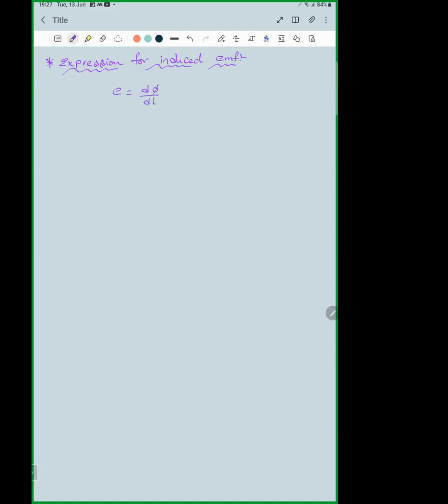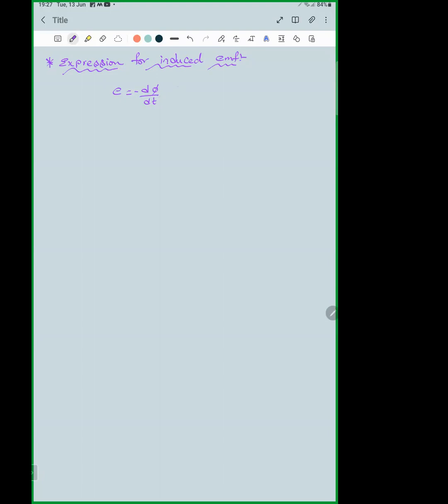Sir, should we write minus here? Yes, because that negative sign indicates the opposition between the induced and applied magnetic fields. Okay, so E is equal to minus d phi by dt.